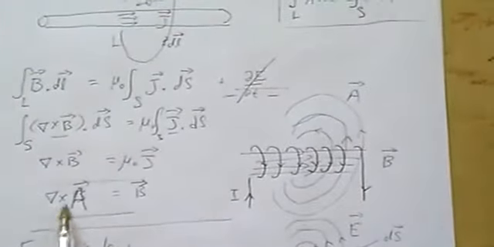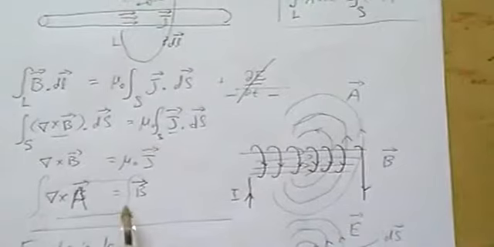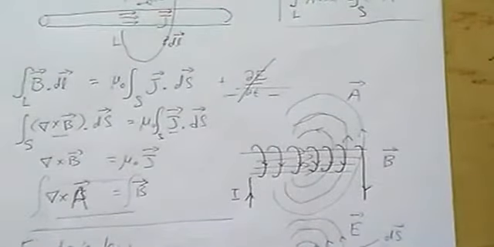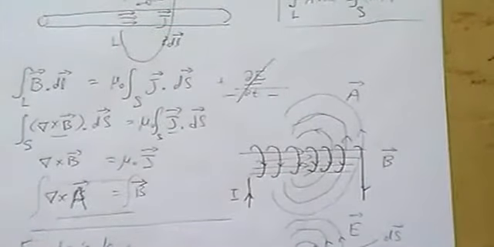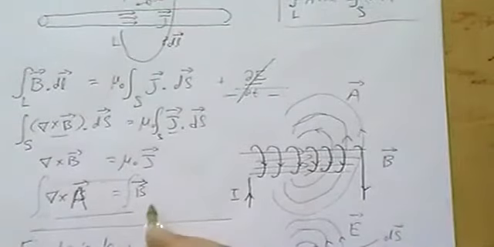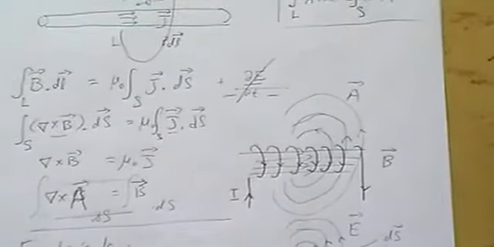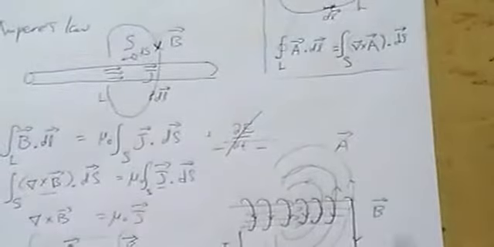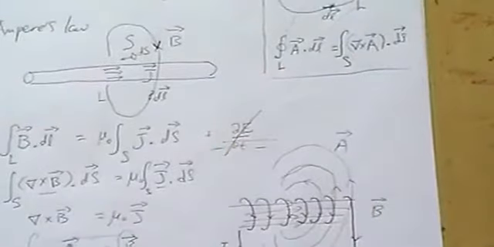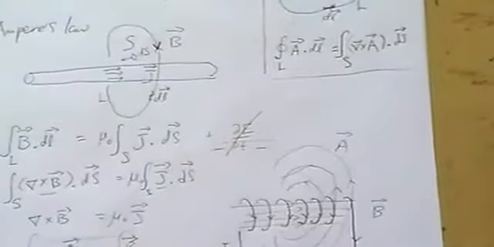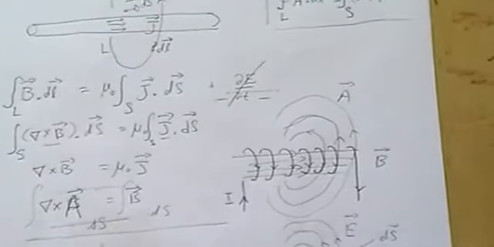First I would integrate the two with respect to ds, so dot ds here and dot ds there. The curl of A dot ds is the same as the integral of A dot dl, so I would write this in place of this, equal to B.